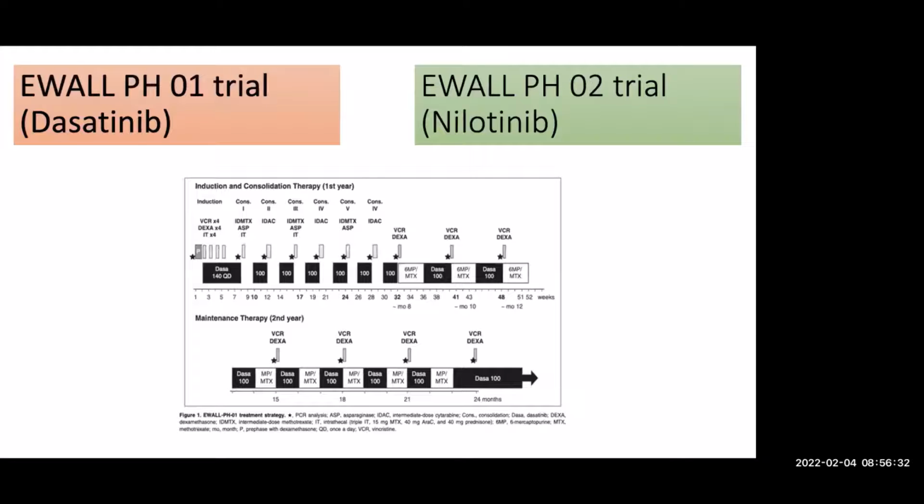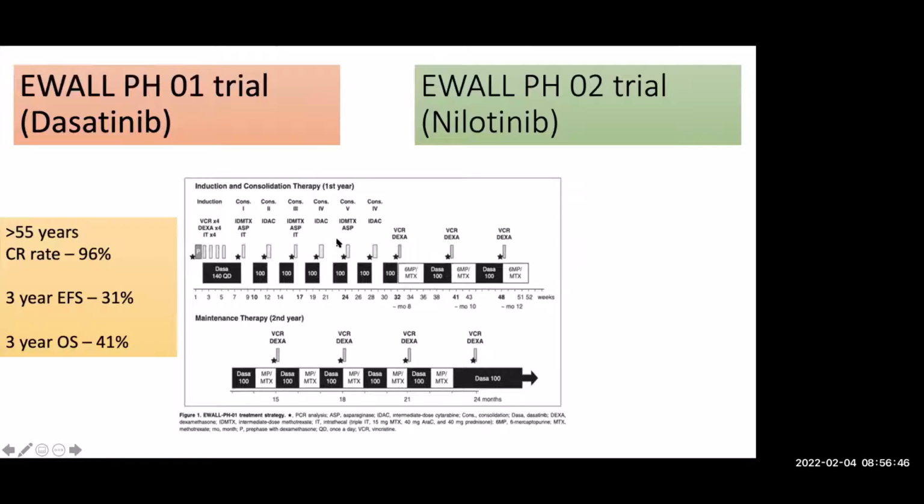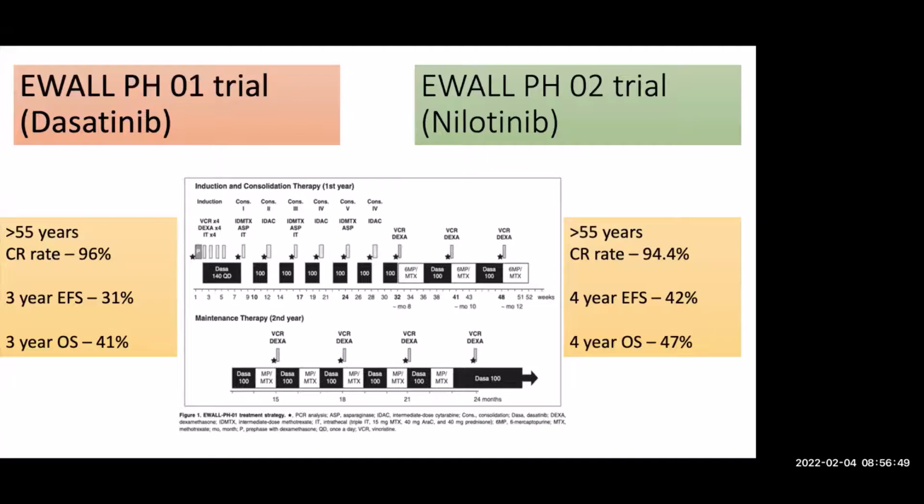They used low dose chemotherapy in the form of vincristine and dexamethasone in the first month, and then intermediate dose methotrexate, L-asparaginase, and cytarabine in the consolidation. What they found was that the CR rates were similar, 90 to 100%, but the EFS and the OS were 30 to 40%.